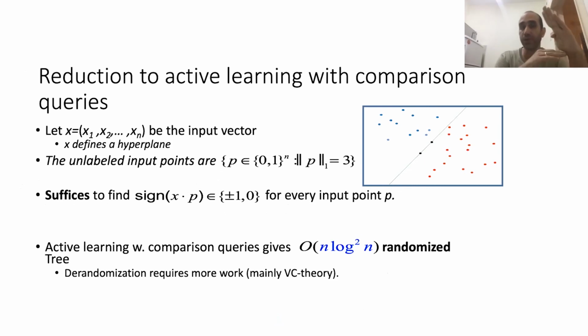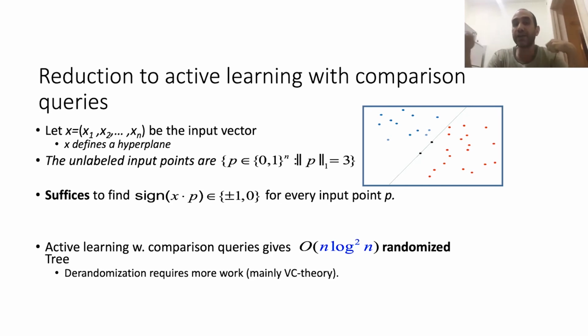So you have all the points that have a positive inner product with it, all the points that have a 0 inner product with it, and all the points that have negative inner product with it. There are two open halfspaces and the hyperplane. So this is the target: the input array defines the target halfspace.